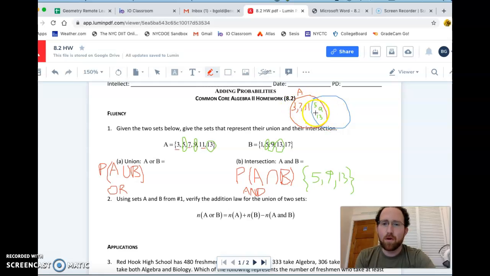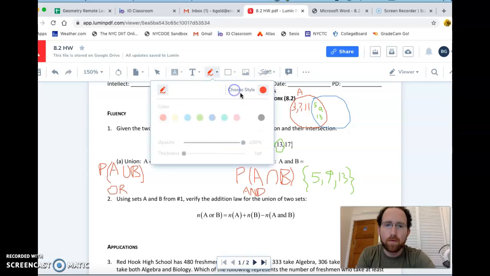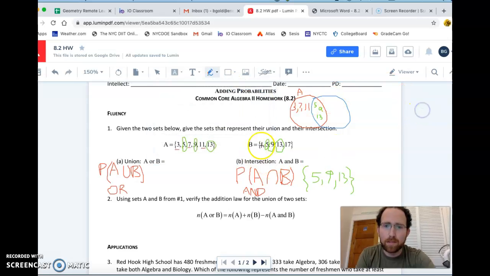All right, so we have those, and then we go over here. We have 1 and 17. We'll change it back to the blue. For B, 1 and 17. Now that we have those numbers, we're going to put the red and blue numbers over here.